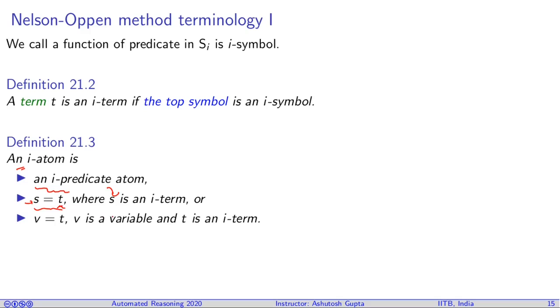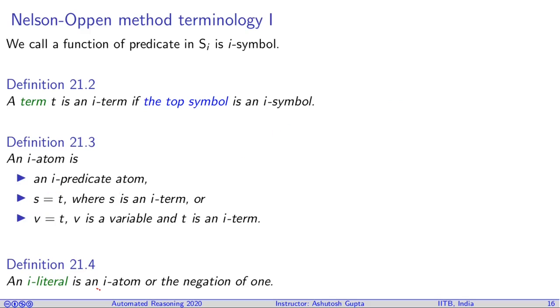Or v equals t, where v is a variable and t is an i term. Sometimes, let's suppose v is equal to f of x. Then you will say this is an equality term because f of x is appearing, and f is an uninterpreted function. An i literal is an i atom or the negation of one. Usual definition.